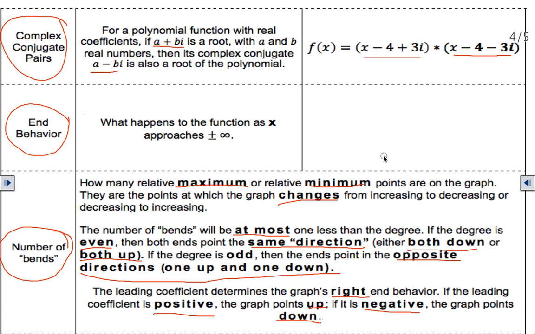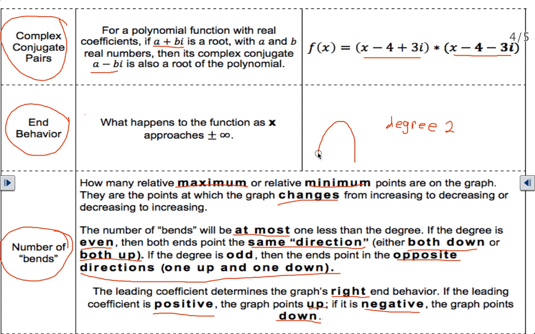A bend is like, if you have a quadratic function, this is a bend here. The rule with polynomials is that if your degree is 2, then the number of bends will be 1 less than that. 2 minus 1 is 1.